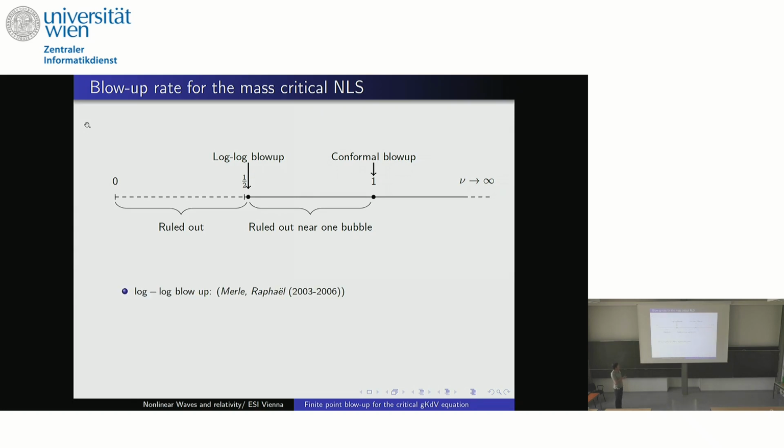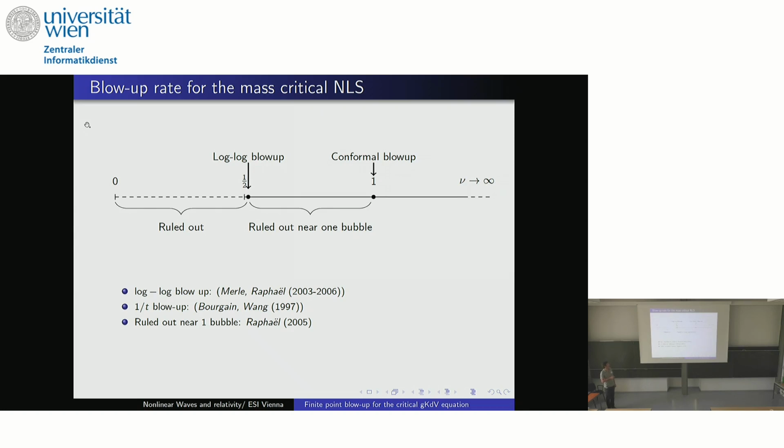Then, yeah, so this is the one I was talking about. The 1 over T, so there is a conformal blow-up, and there is also a solution construction of Bourgain-Wang. Pierre-Raphael ruled out solutions blowing up at a rate between the log-log and the power 1 over T when you're close to one bubble.